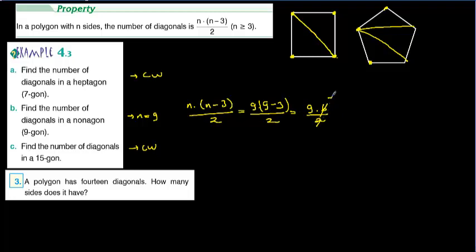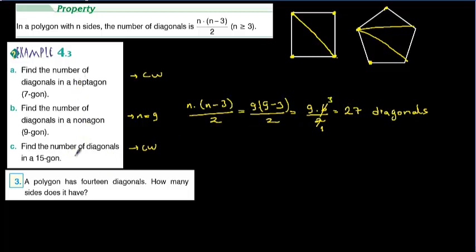If we simplify 6 and 2, this is going to be 3 and this 1. 9 times 3 is equal to 27 diagonals. It means that you can draw 27 different diagonals in a nonagon.